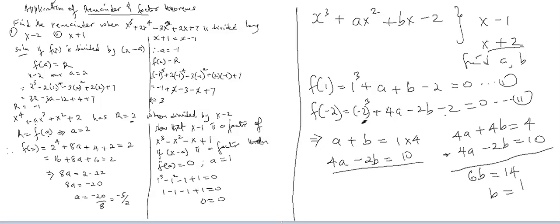And therefore b is 14 over 6 or 7 over 3. On the other hand, a is 1 minus b, which is 1 minus 7 over 3, and a is negative 4 over 3. So that way you have utilized the factor theorem and the remainder theorem to solve some problems.